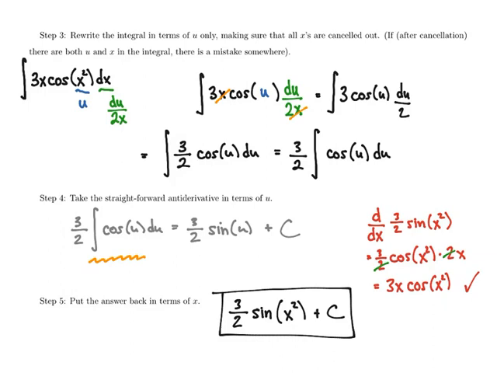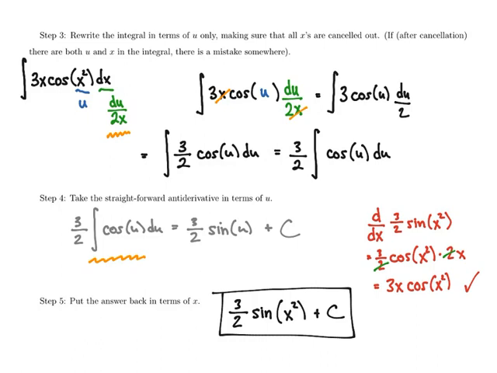The opposite of leaving the inside function alone is just leaving the inside function alone. Nothing really to do there. But then we also multiply by the derivative of the inside, and the opposite of that is dividing by the derivative of the inside function. We do that with this du over 2x. We're dividing by that derivative.